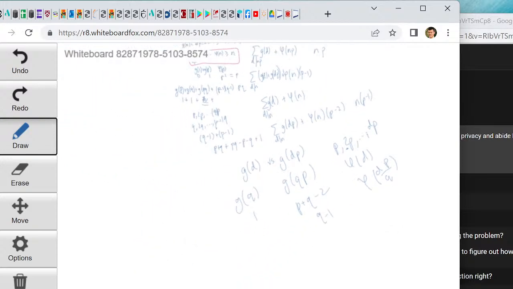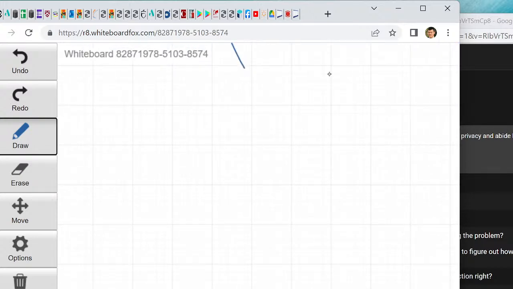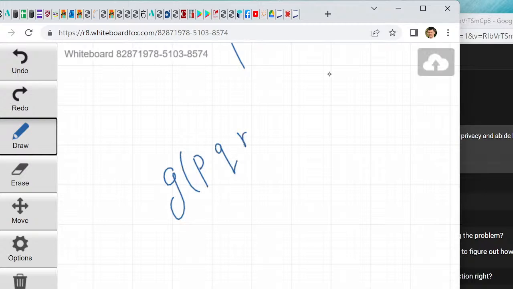No, kind of just branching away from the question here. G of PQR. It's all the multiples of P up to QRP.